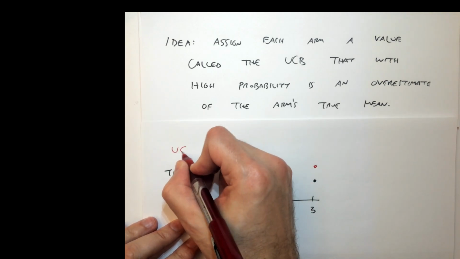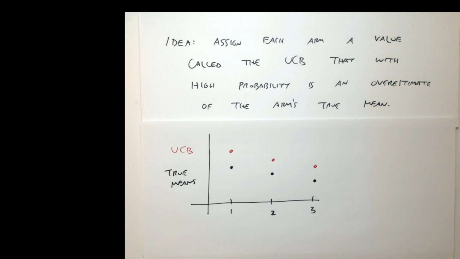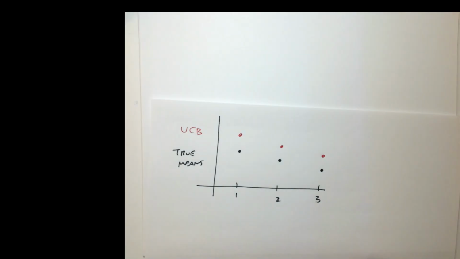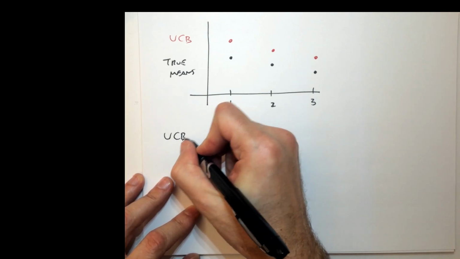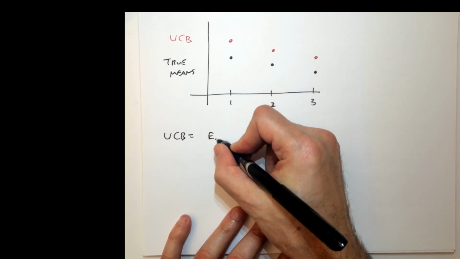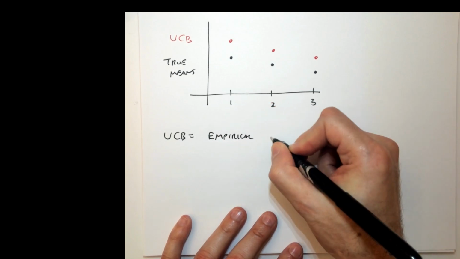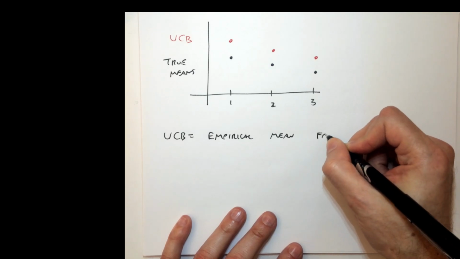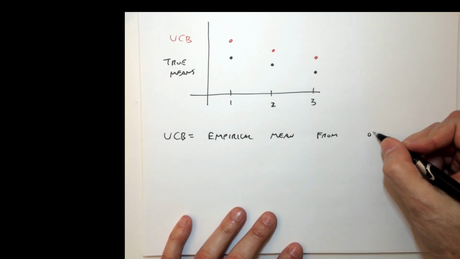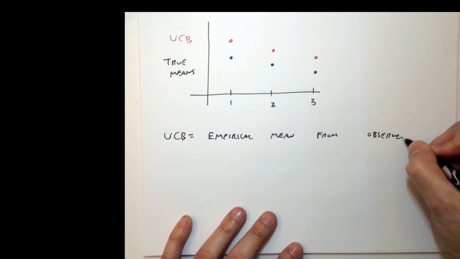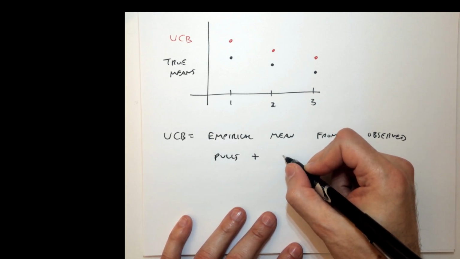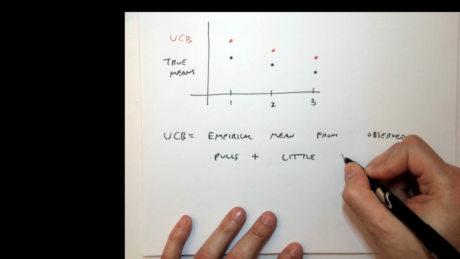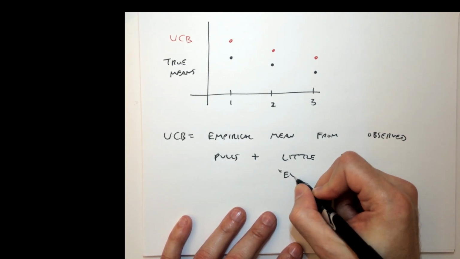So let me write this down a little bit more mathematically. The UCB is equal to the empirical mean from the pulls I've made so far, plus a little bit. And that little bit is called the exploration bonus.